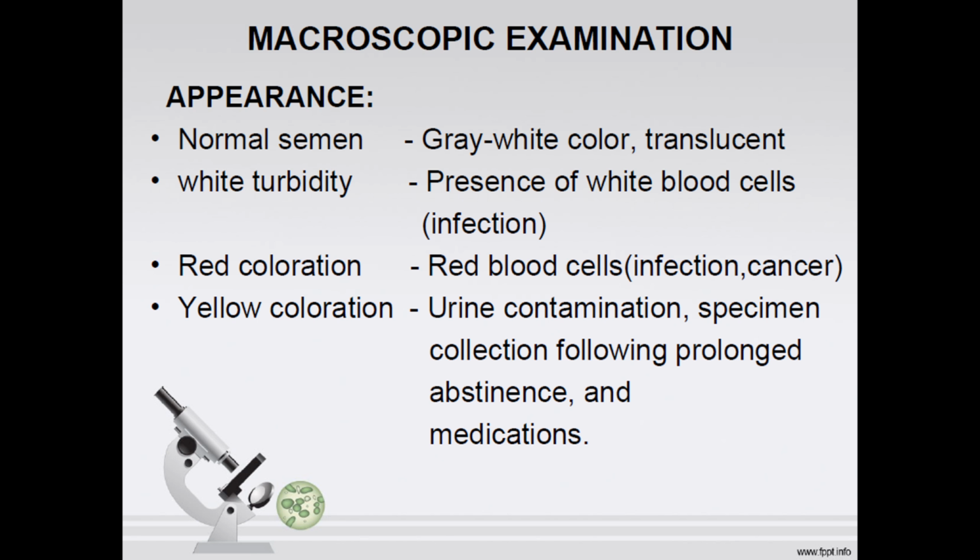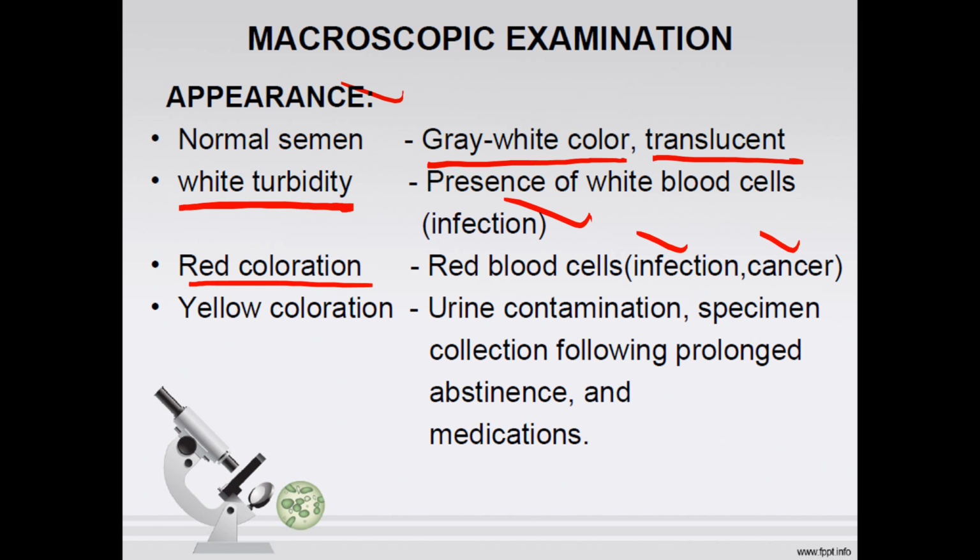Okay, first come to the macroscopic examination. When the semen comes to your lab, how does it look to the naked eye, that is the appearance. The normal color is gray white, and its consistency is translucent. When it is turbid, it indicates the presence of certain infection. If it is red in color, there may be an infection or something abnormal, like a tumor of the seminal vesicles, prostate, or urethra.